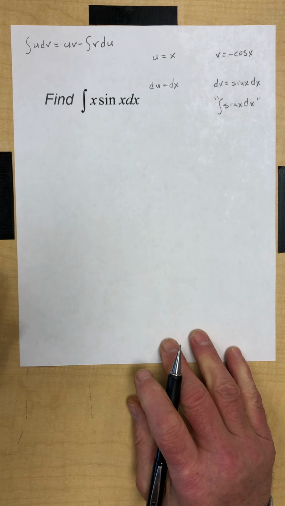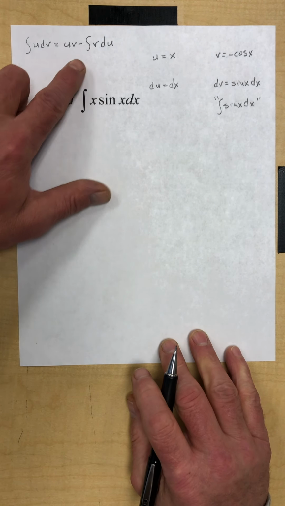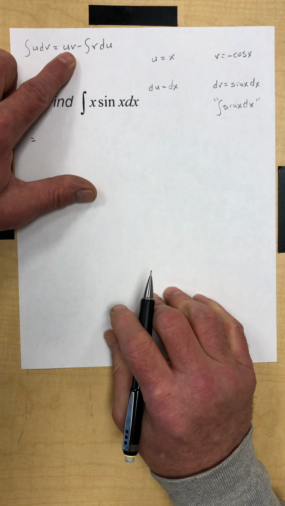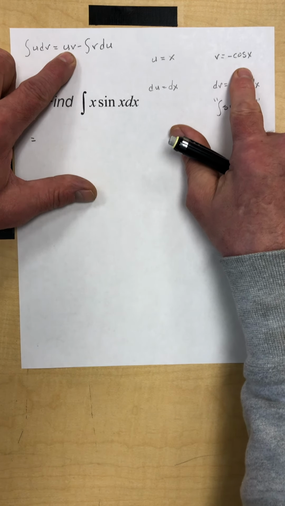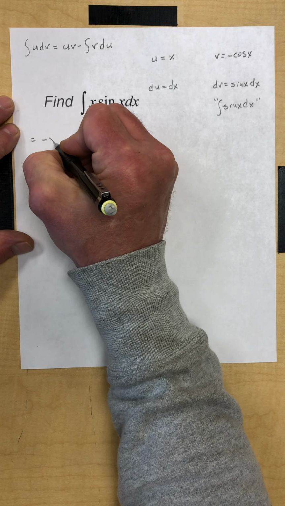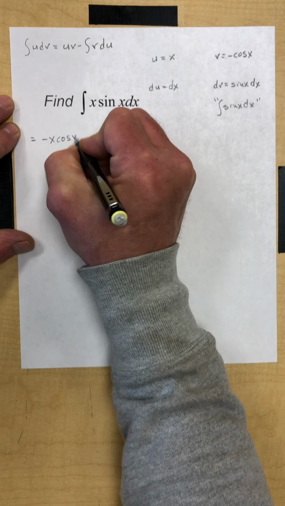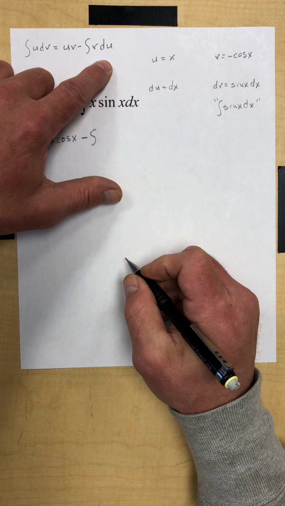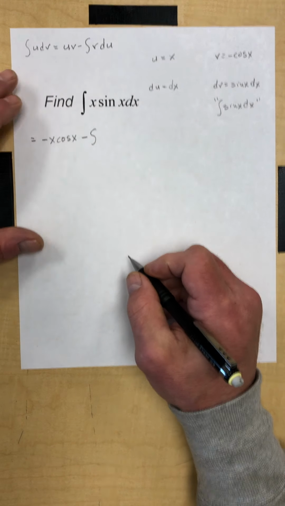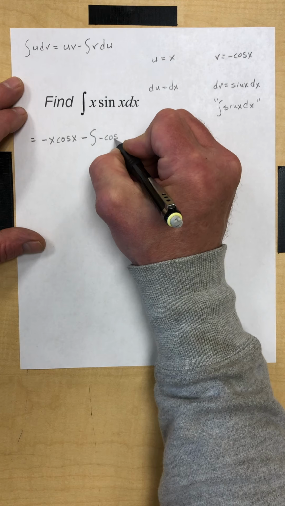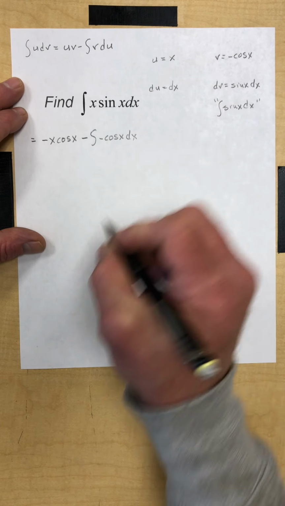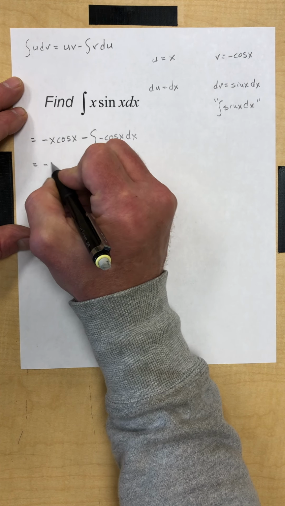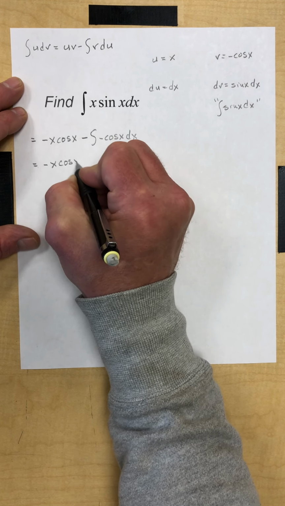Okay, so I have everything I need, so we just jump into our formula up here. I go uv, so I'm going to go x times the opposite of cosine of x, which gives me negative x cosine of x, minus the integral of v du. That would be v du, so it would be the opposite of the cosine of x dx. This first part is already done: the opposite of x cosine of x.